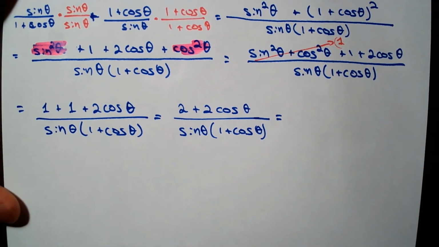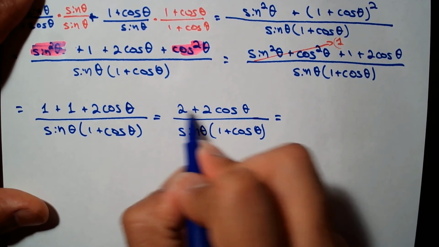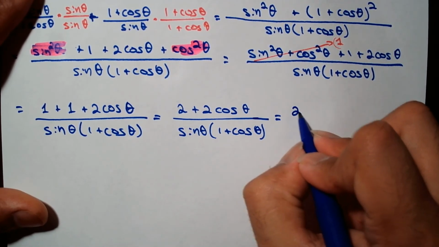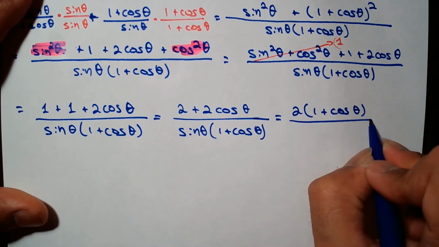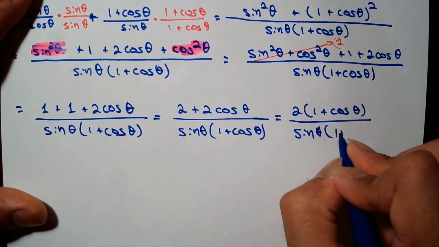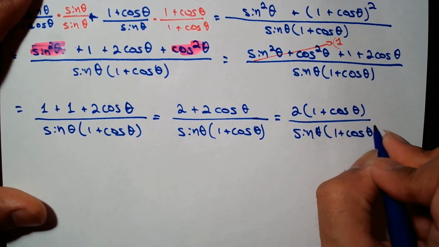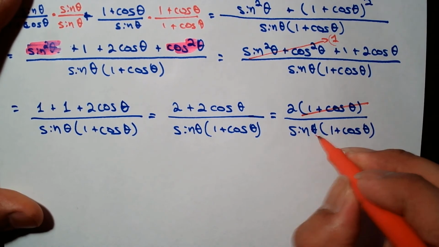I thought it was going to be longer than I expected. So we can factor out these two: 2 times 1 plus cosine theta divided by sine theta times 1 plus cosine theta. Okay, what's going to happen here? Can you see that? The 1 plus cosine theta cancels.